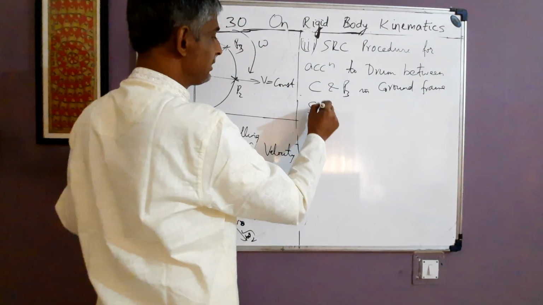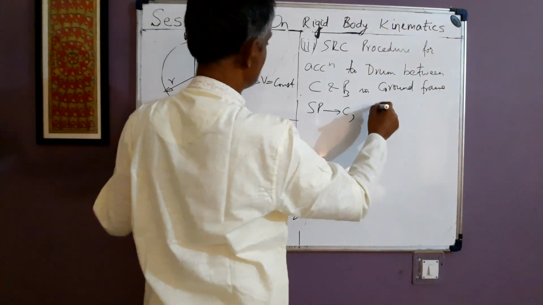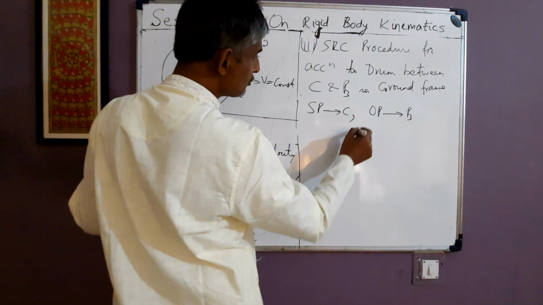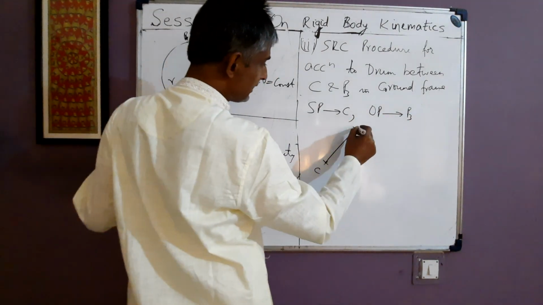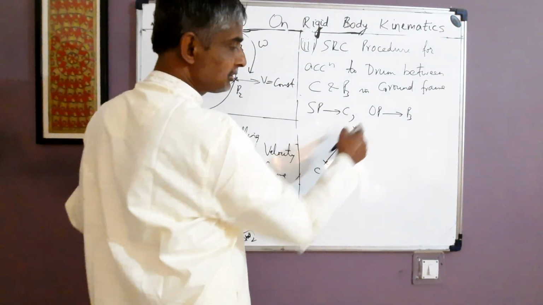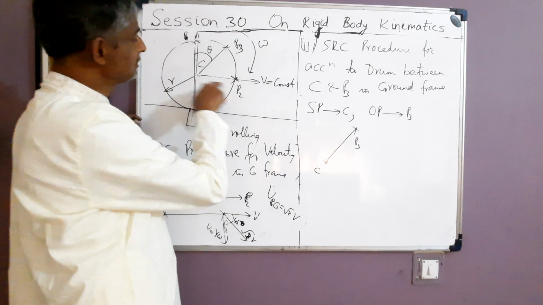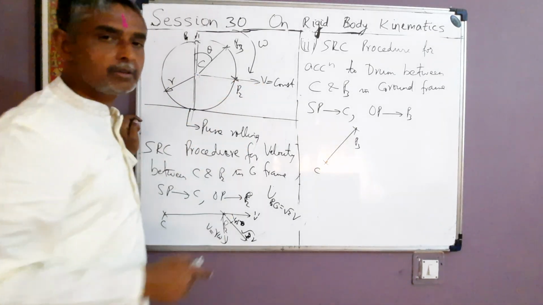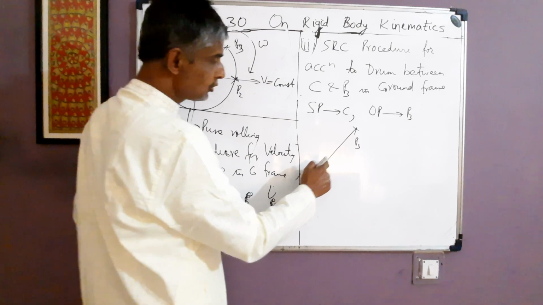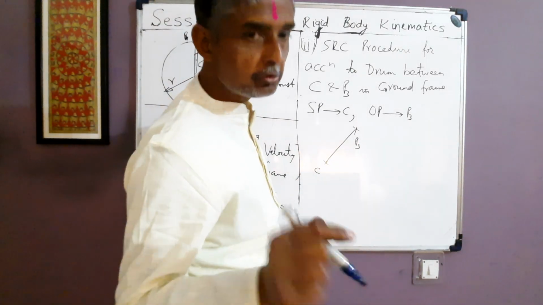For that, the selected point SP is C, and OP becomes P3. I draw the line joining SP and OP, that is C and P3. Now I give the acceleration of C to P3. But as I said just now, C is moving along a straight line at a constant speed v with respect to ground. So the acceleration of C with respect to ground is 0. So I don't give anything to P3.